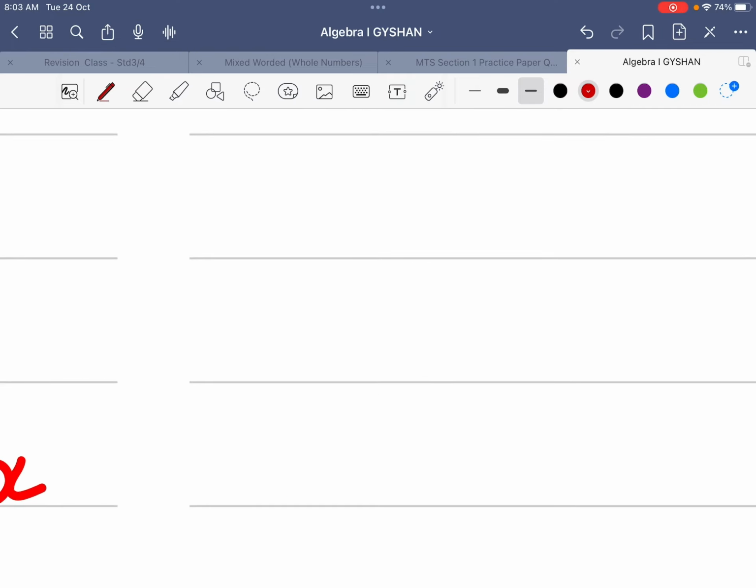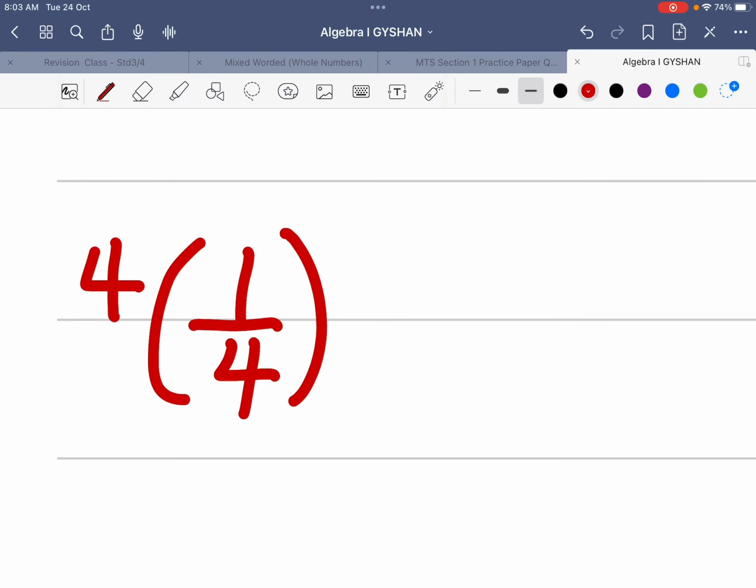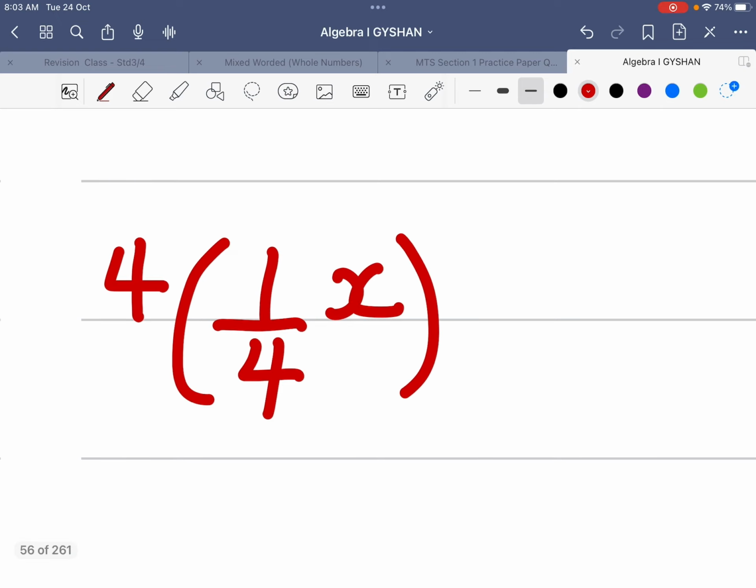I prefer to write this question like this. 4 multiplied by 1/4 x. This way we can easily see that the 4 is the numerator and the 4 on this side is the denominator, and these can be cancelled.